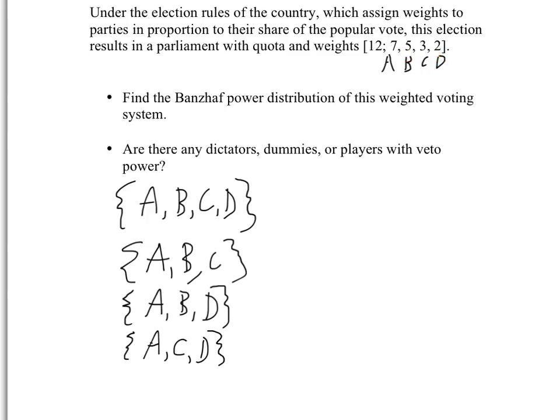Alright, so we've systematically listed all the different 3-member coalitions. How do we know that we've considered all the different possibilities? Think of it this way: including 3 people is the same as excluding 1. And there are only 4 different ways you can form a coalition here that excludes exactly 1 person. So we've considered all 4 possibilities. What if you exclude D, but include everyone else?